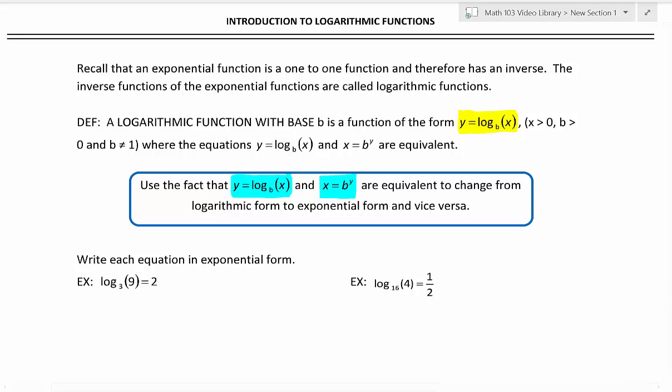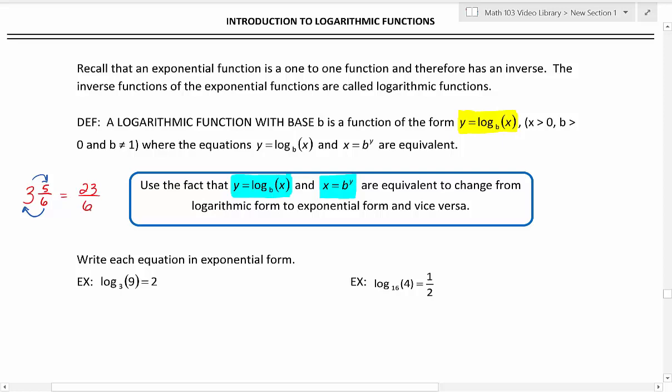Anytime I'm learning something new in math, I try to link it to something that I already know. So to me, converting from log form to exponential form reminds me of converting a mixed number to an improper fraction. Remember, if you had 3 and 5/6, to convert this to an improper fraction, we start on the bottom and it's 3 times 6 plus 5, and we go in this little circle to get 23/6.